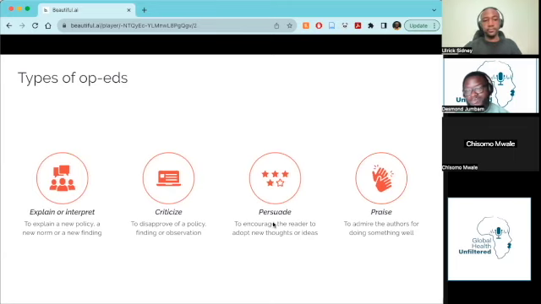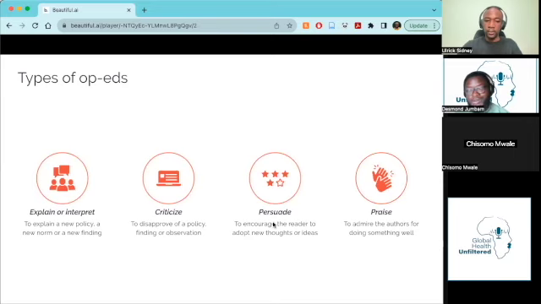An example of this, again, this is a very American example, but when Barack Obama was trying to pass the Obamacare Act, he wrote quite a number of op-eds trying to persuade the public about the benefits of this Obamacare insurance.